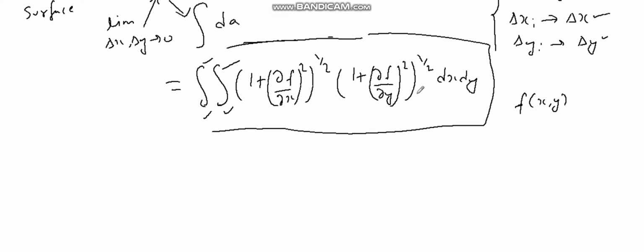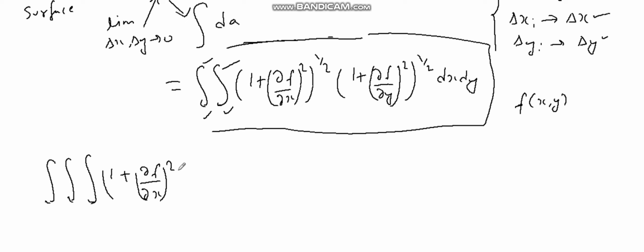In the similar manner, we can calculate the volume, right? We can extend this formula for the three-dimensional case, right? And for that case, we're going to have this triple integration, right? For the x, y, and z. So we're going to have some function, let's say, 1 plus del f by del x whole square, right? And f is the function of x, y, and z.